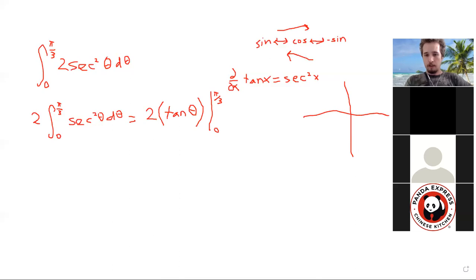So pi over 3 is 60. So this is 0, pi over 2 up here, pi, 3 pi over 2. And as I was saying, this is 2 pi. 2 pi equals 360 degrees.